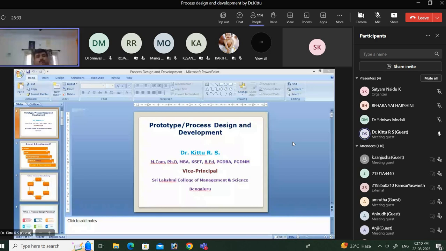What type of product you are going to produce and what type of services you are going to produce. Then equal importance goes to technology also. Without technology, we can't perform efficiently and effectively. If you want to go for optimization of the resources, technology is very essential nowadays in the manufacturing process.